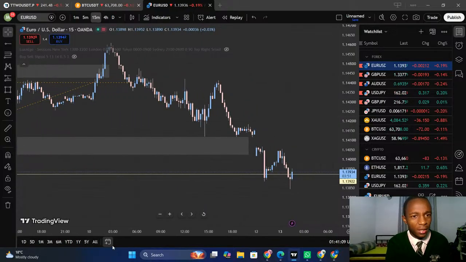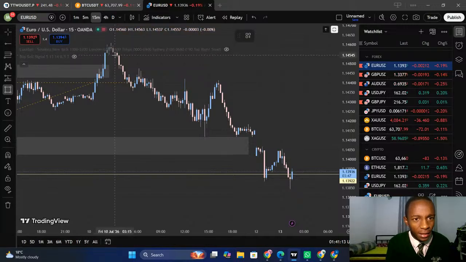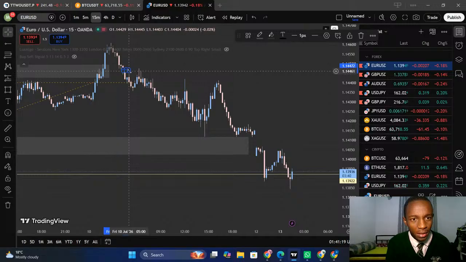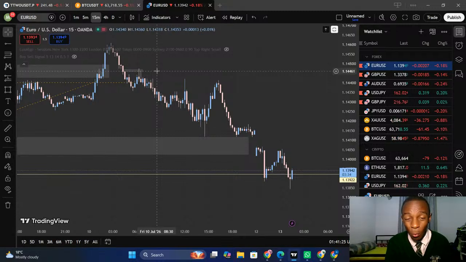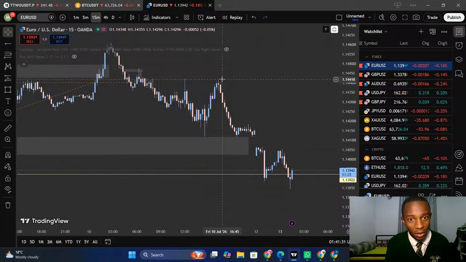Somebody tell me the idea behind fair value gaps. This is another one, a low probability one, but it still worked. That's my point. These things do work. Then we had this one right here, which we passed through.